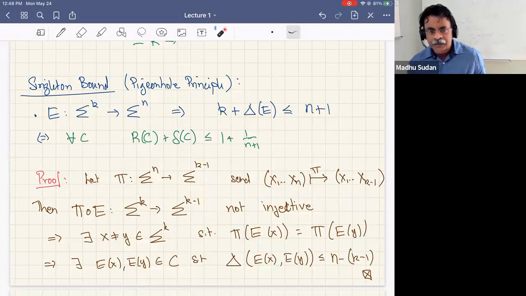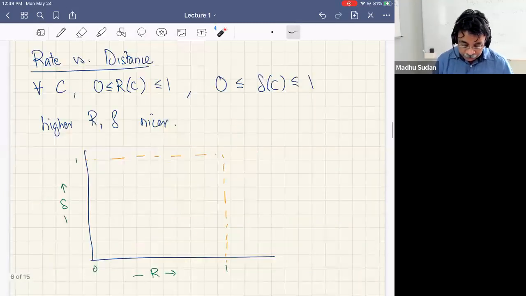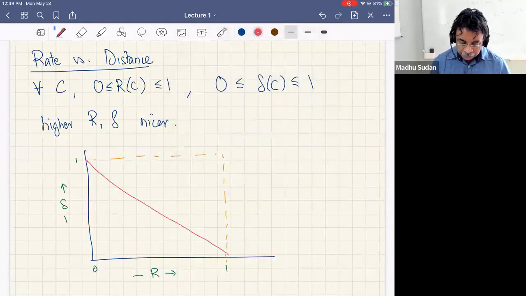There's a +1, but let's ignore it for now. +1 is negligible. Okay, k plus delta is at most n. If you relativize it, divide it out by n or n plus 1, whatever, you get rate plus distance is at most 1. So on this picture, it translates to that line. Okay, this is the best you can achieve. No codes here.